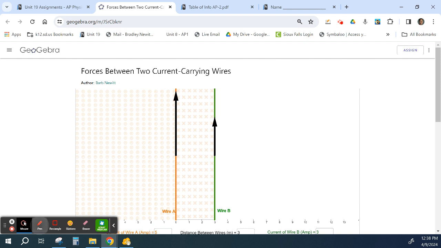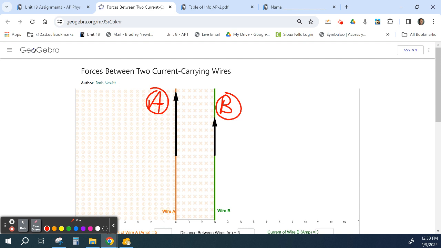So if you look at a scenario like this, you have wire A, you have wire B, okay? And what we're saying is that when I put current through a wire, that wire has a magnetic field surrounding it, okay? So let's just focus on A to start with.